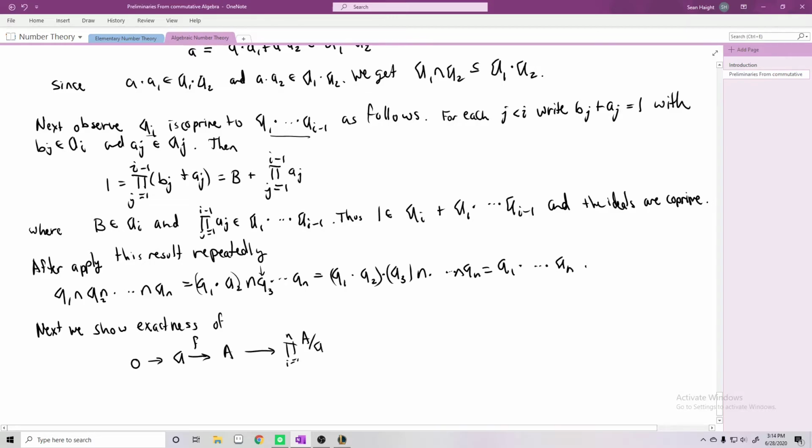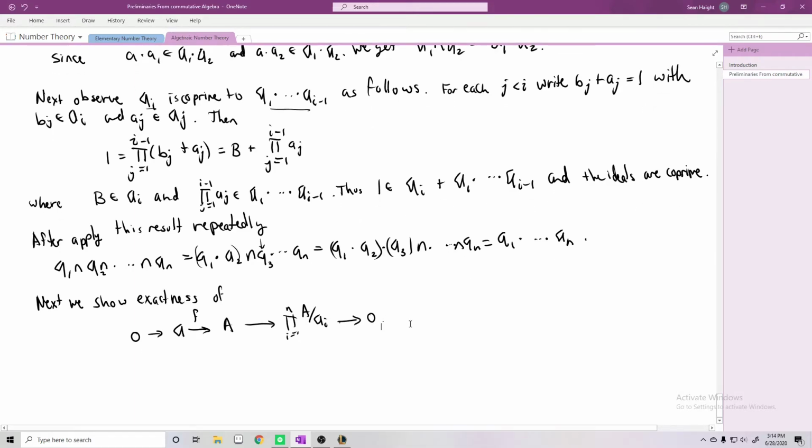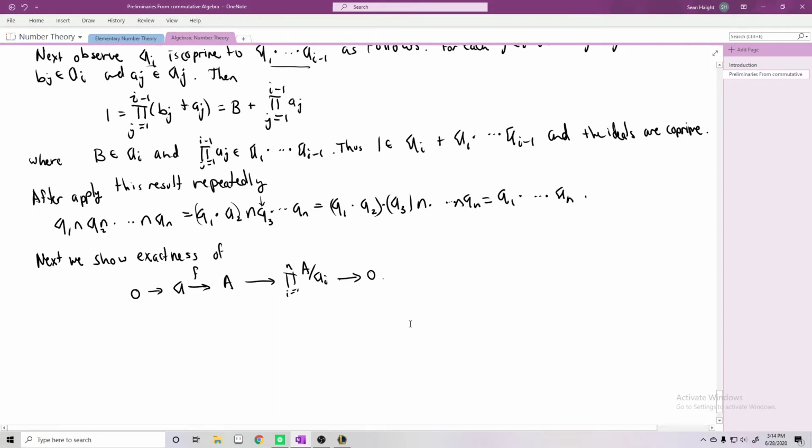To check exactness of a sequence, you need to check exactness at every spot. The first spot I need to worry about is here, and the exactness at this spot is clear because this map f is just the natural embedding, so of course f is injective. So since f is injective, the sequence is exact at the ideal A.